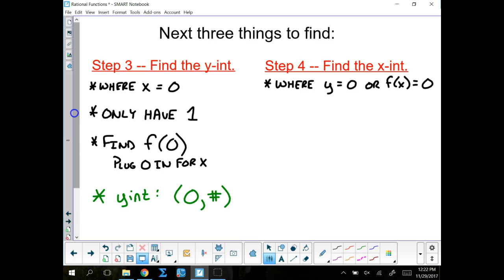It's where my function crosses the x-axis. Okay? How many x-intercepts can there be? Many. Depends on what we're dealing with here, right?